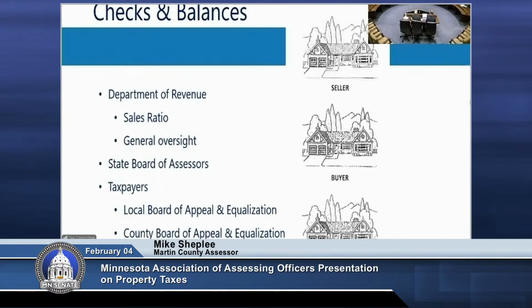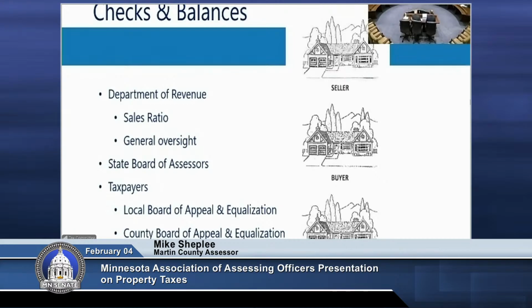The DOR is actively engaged, providing general oversight, sales ratio data, and guidance to apply statutes uniformly. They can and have required corrections to an assessment. The State Board of Assessors promotes public trust in the Minnesota property tax system and provides oversight of assessor licensing, continuing education, and ethical conduct.